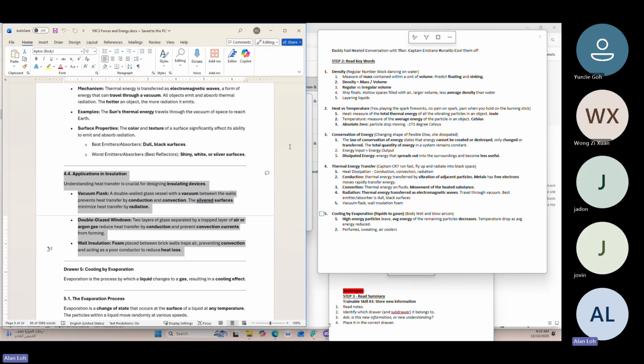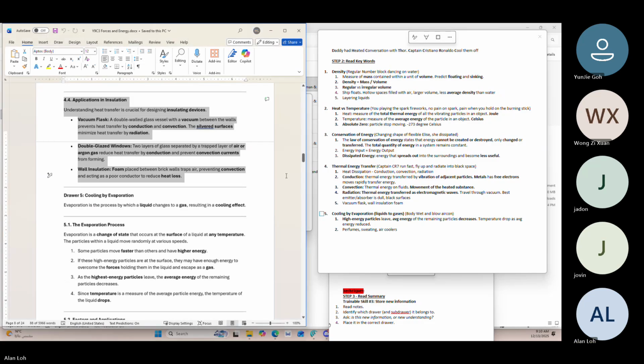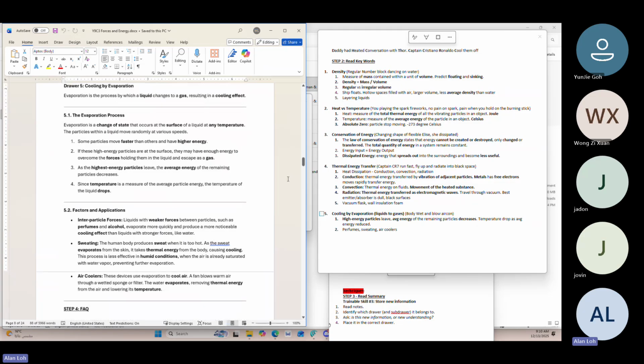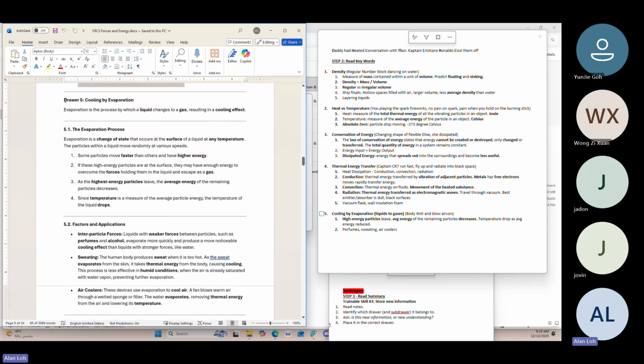Ten seconds. Okay, done. We have a very small part here. Let's go through these small parts, drawer number 5, in 2 minutes. Then we'll do a recap.